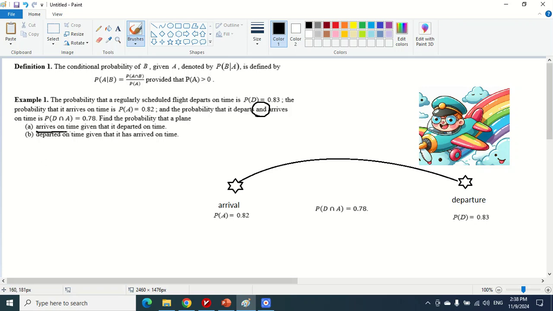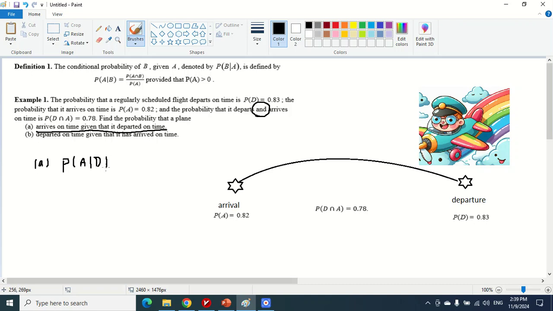We actually have two questions over here. The first one said that we want to find the probability of arriving on time given that it departs on time. When we say "given that", it means that the second part has already happened. So in part A of this question, I want to know the probability of arriving on time in a condition that it departs on time.